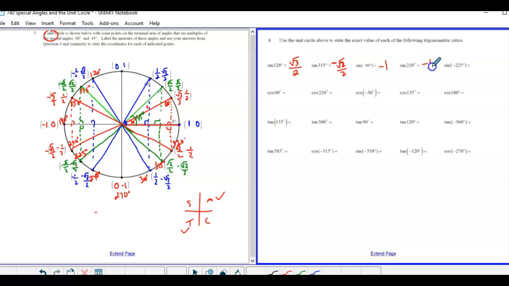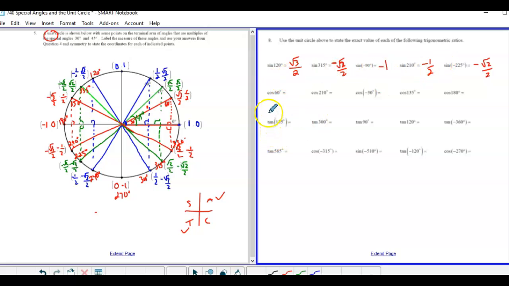That's the sine. Then sine of negative 225 is the green one there, and again it's negative root 2 over 2 because it has a 45-degree reference angle. Okay, so those were all sine.